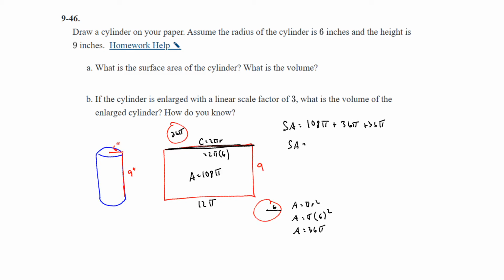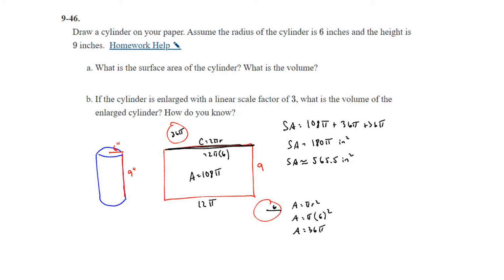So the surface area is equal to 180 pi, and this is in inches squared. So that's the exact answer, but let's also get the approximate for the surface area. And that'll be approximately 565.5 inches squared.